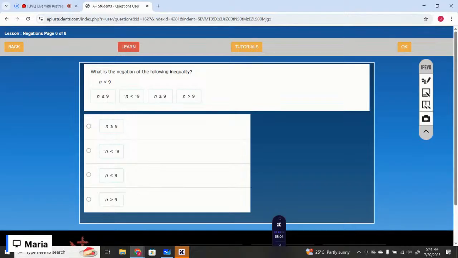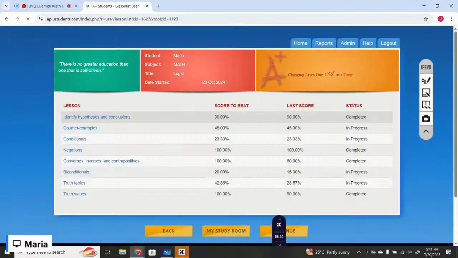What is the negation of the following inequality? N is less than 9. So the negation is n is greater than or equal to 9. Okay, you can complete the lesson by yourself later today.